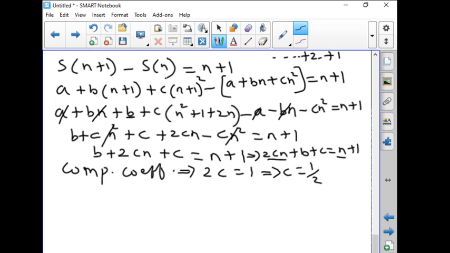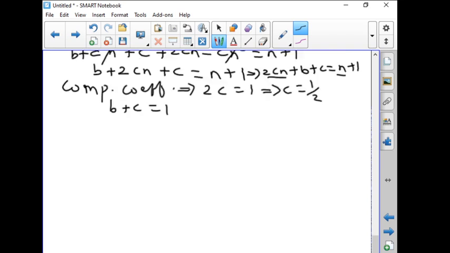Then taking the constant terms, b plus c is equal to 1. Now we have seen c is 1 by 2. So b plus 1 by 2 is equal to 1. Now b is equal to 1 minus 1 by 2 which is equal to 1 by 2. So b equal to 1 by 2, c is also equal to 1 by 2.